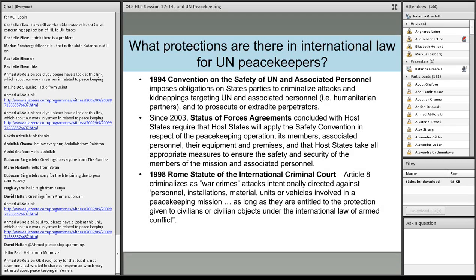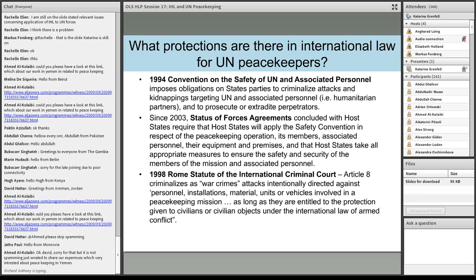The Rome Statute doesn't distinguish between situations of international and non-international armed conflict. Under the Rome Statute, the protected status of peacekeepers will be lost in both situations of international and non-international armed conflict, to the extent that the UN operation has come to be regarded as a party to the armed conflict.